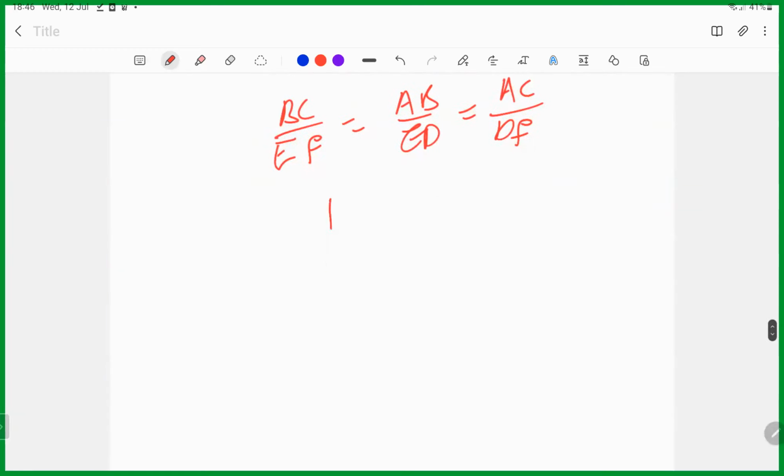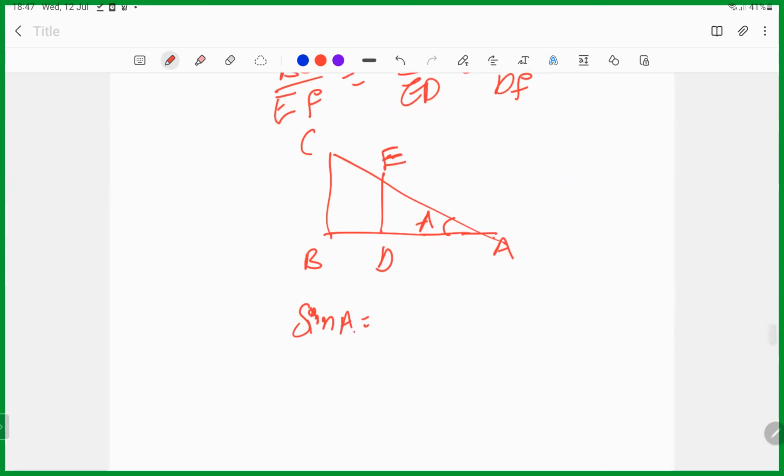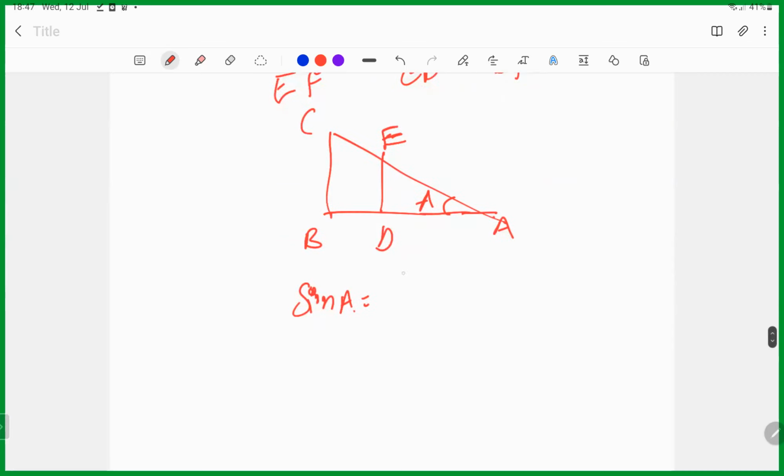So here let's say this is A, B, C, and this is DE. Let's take this as A. What is sin A now? Sin A equals DE by EA, which is equal to BC by AC. So these two triangles, ADE and ABC, are similar triangles.